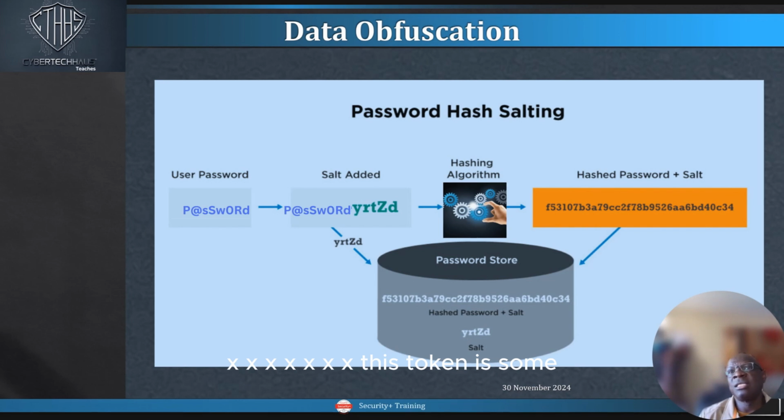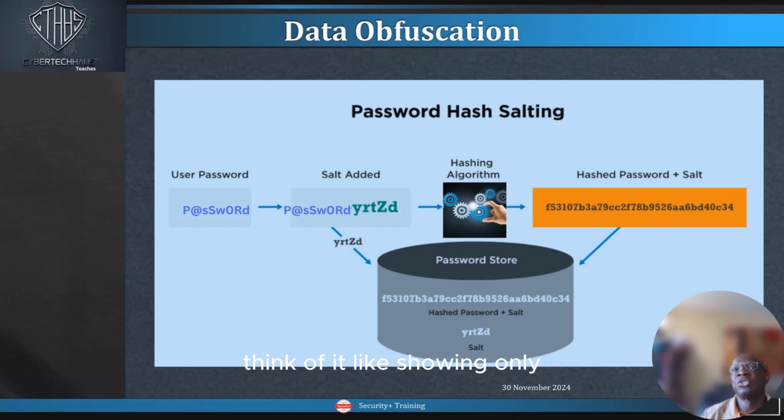This token is meaningless if someone sees it because the original data is stored somewhere safe and separate. In cybersecurity, tokenization is often used for sensitive data in systems where it's important to keep information secure, like in payment processing.